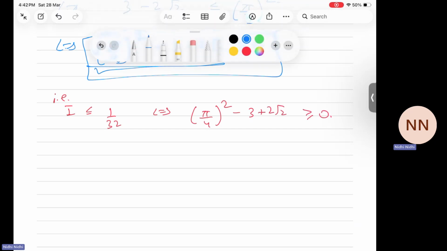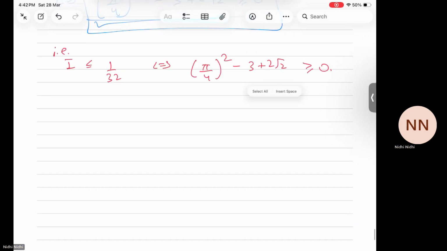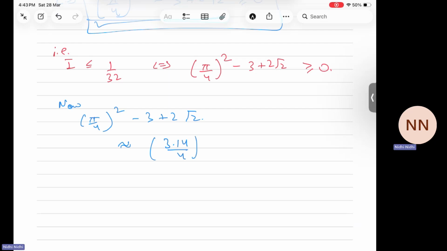Now let's check this. (Pi by 4) square minus 3 plus 2 root 2. So we know the approximate values: pi is 3.14, and root 2 is about 1.41.